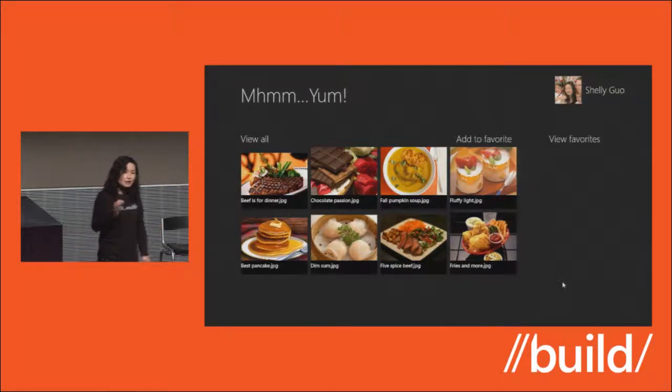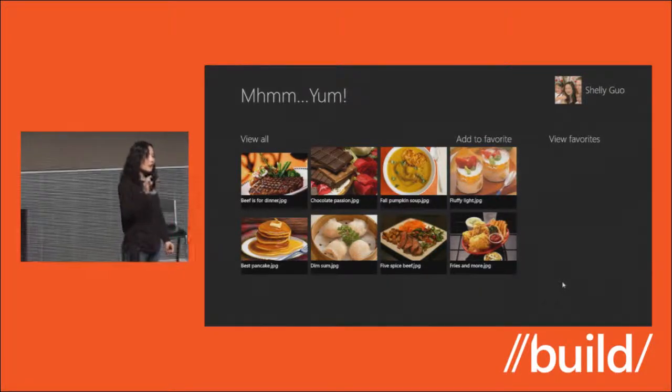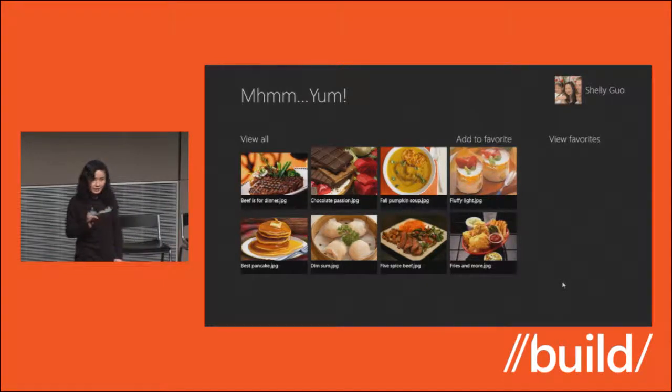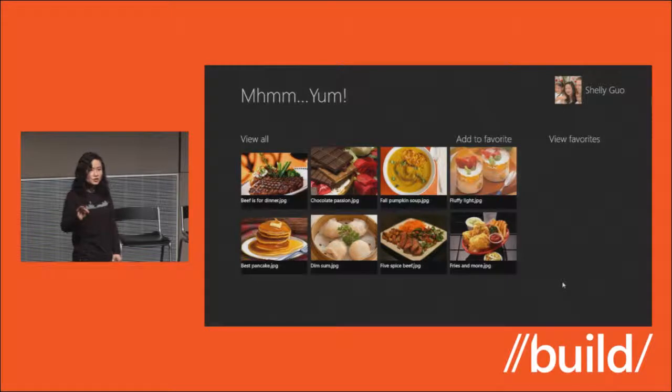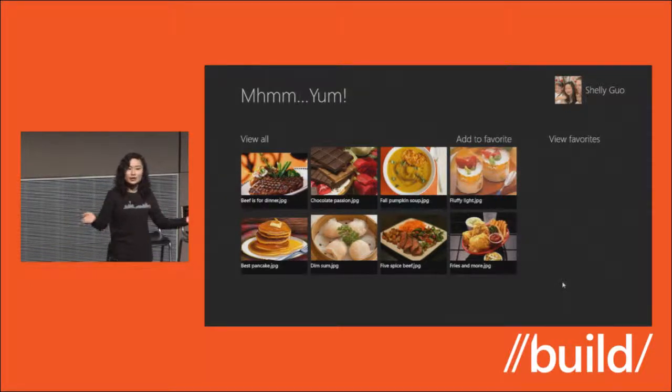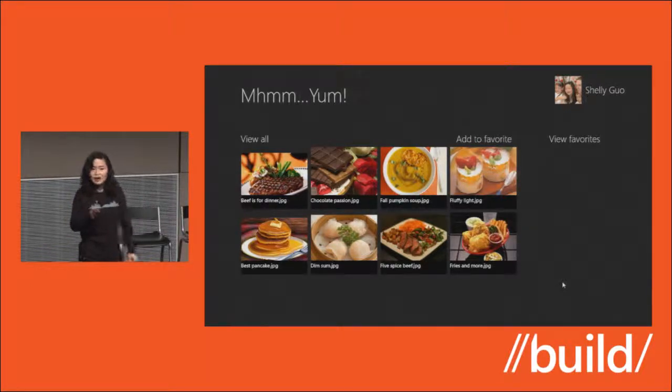But what's going to be more powerful for you as a business is to be able to tie that into whatever personalization mechanism you have on your website. Notice that this user is just using a Windows 8 app.